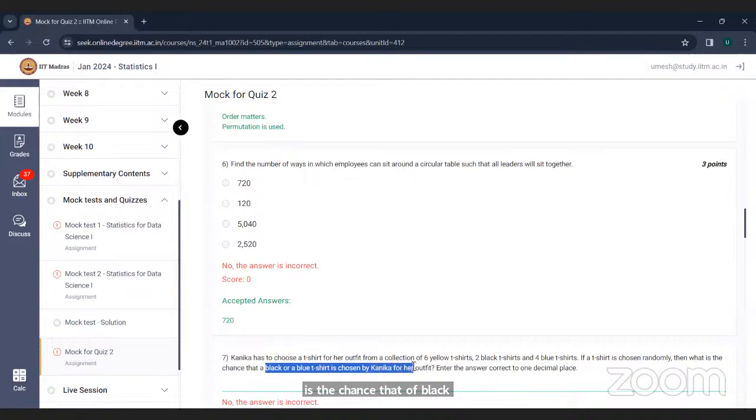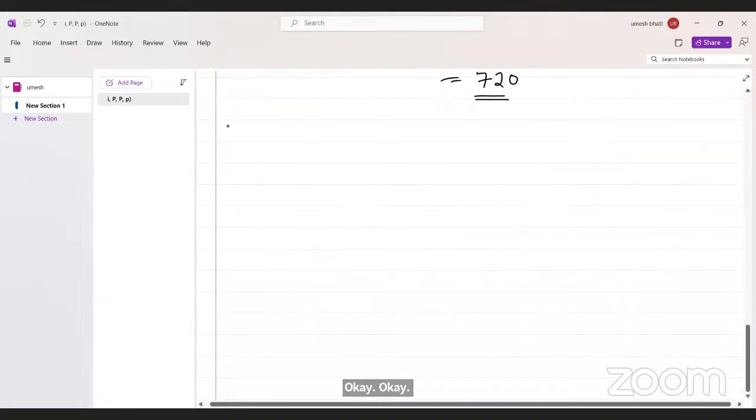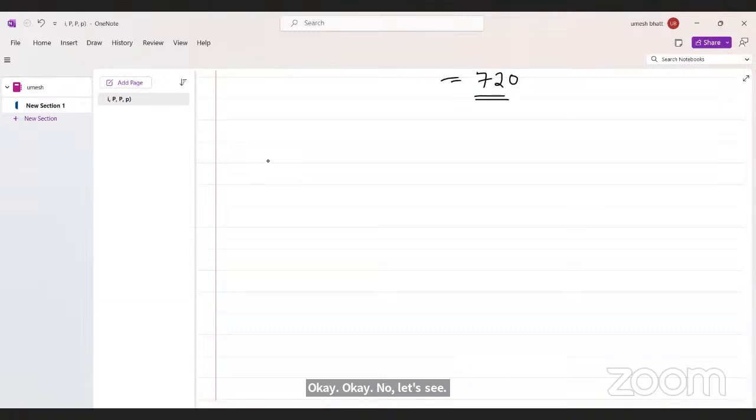Okay, now let's see. What is our sample space? Six yellow t-shirts, two black and four blue. So the total is 12.